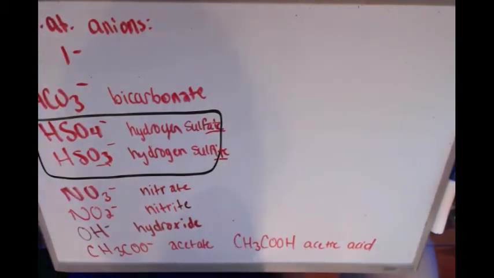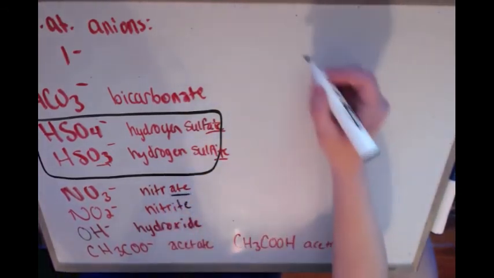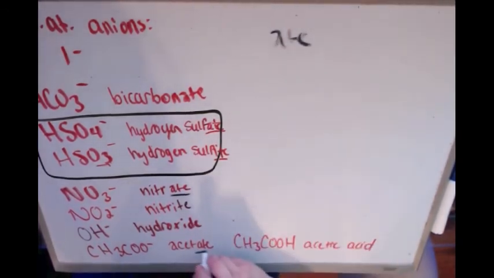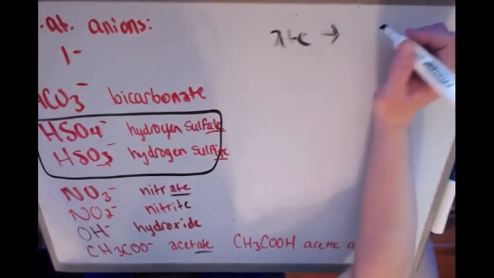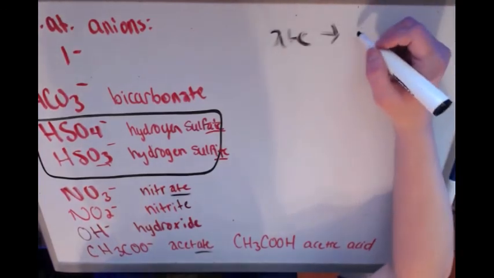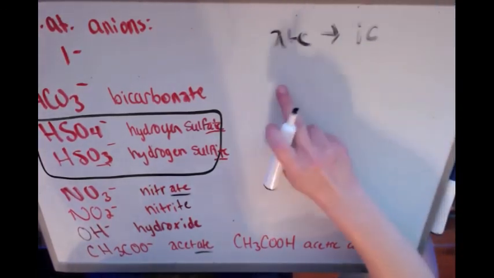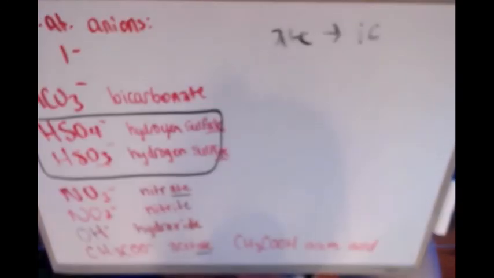Now in class, you guys learned about the polyatomic anions, the covalent ionic stuff, and at the same time you discussed acids. So one thing I want to discuss here with the acetate and the acetic acid is that when you have something ending in ate, when you add a hydrogen to it, you create an acid, and the name changes from ate to ic.